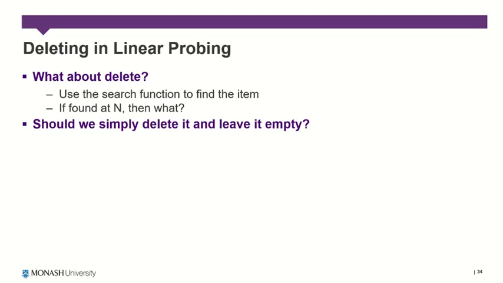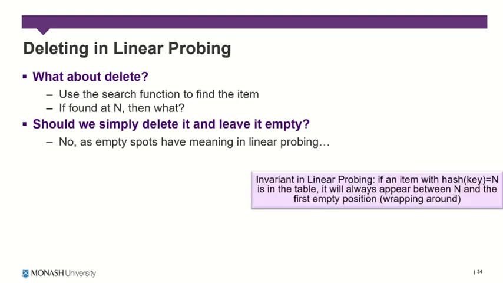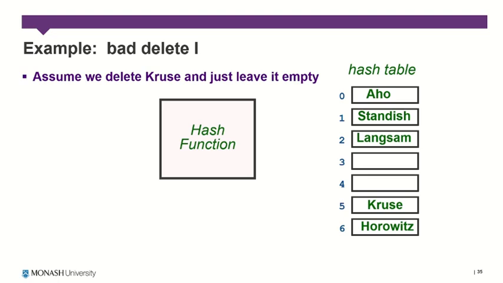So we need to consider that when we're deleting that item, anything between the current item and the next empty position in that hash table might be part of an existing chain. So we need to make sure that we can reinsert all those particular values into the hash table.